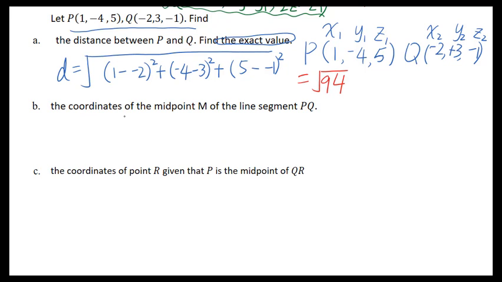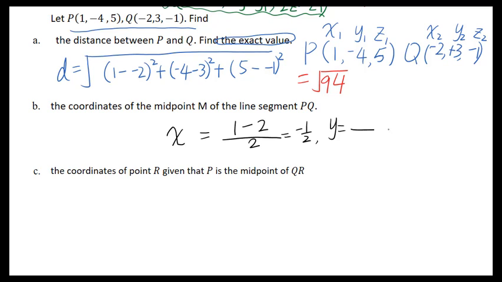For B, the coordinates of the midpoint M of the line segment PQ. So you can write down x equals (x1 plus x2) over 2, that is (1 minus 2) over 2. So you get -1 over 2.